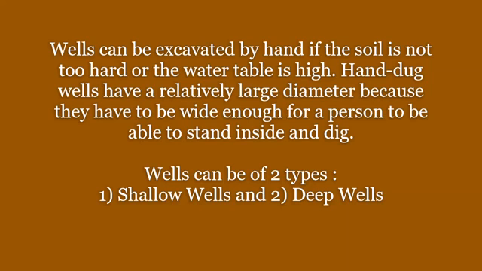Hand dug wells have a relatively large diameter because they have to be wide enough for a person to be able to stand inside and dig. Wells can be of two types: shallow wells and deep wells. Shallow wells and deep wells both are important sources of water.